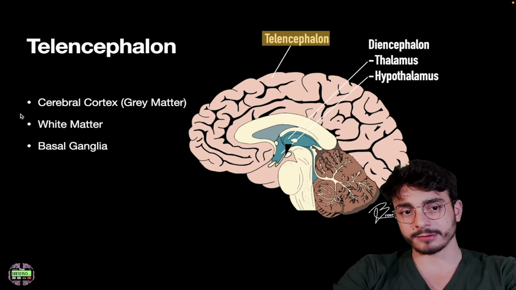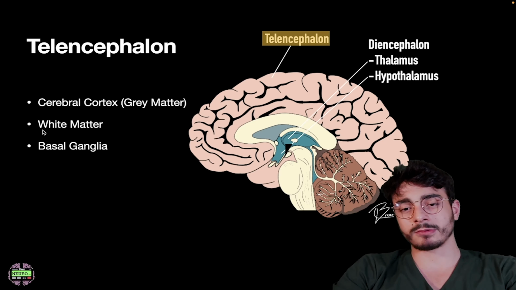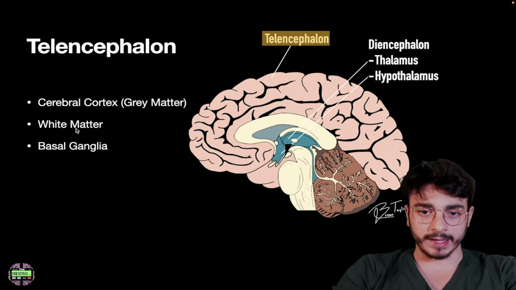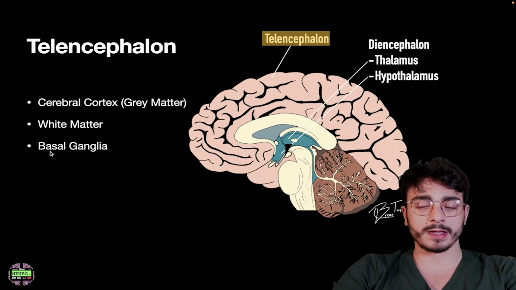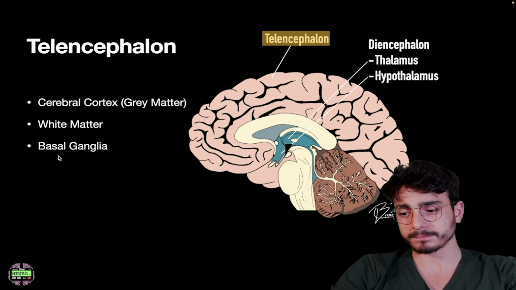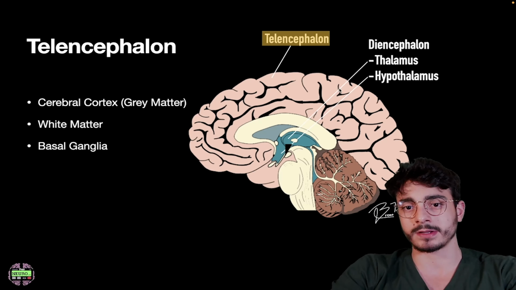The telencephalon will give rise to the cerebral cortex, or the gray matter, and the white matter, so the axons beneath the cortex, and also the basal ganglia, which are nuclei of neurons deep in the brain. Let's say it this way, in an easier way for you to understand.